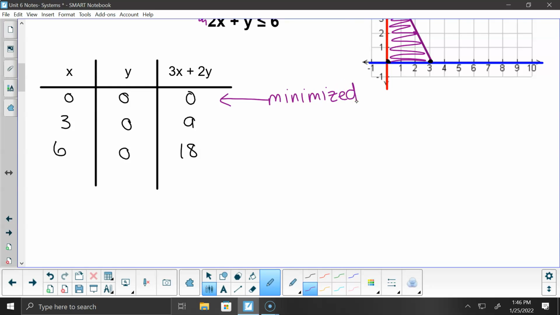So 0, 0 should be my answer. Add them together. Yep. Oh, yeah, you're right. I put it in the wrong spot. So that makes that one 12. Does it really change anything, though? This is still my minimized value.